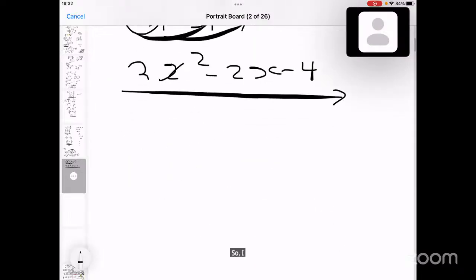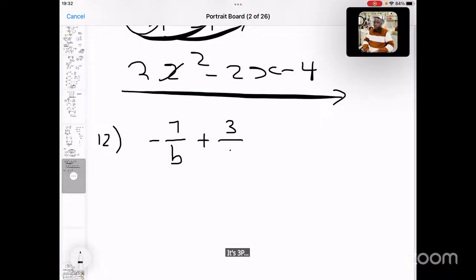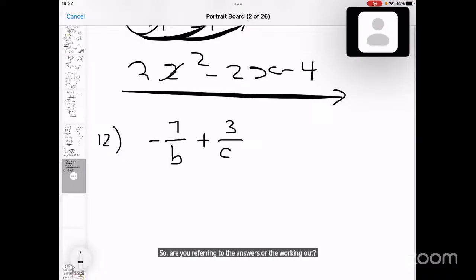So I'm confused why for number 3 you state it as -2n minus 7m over mn, but for 12 it's 3b minus 7c over bc. That's what confused me. So are you referring to the answers or the working out? Both, sir. Okay, so it's fine.